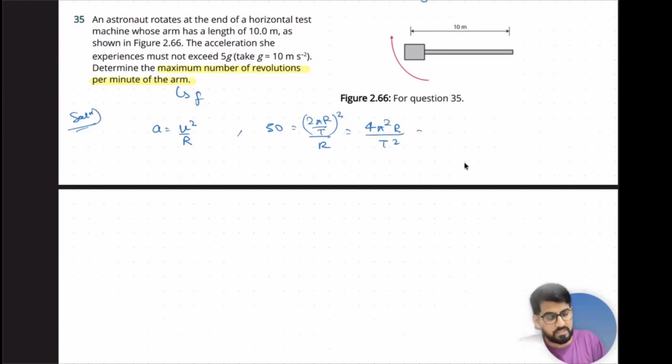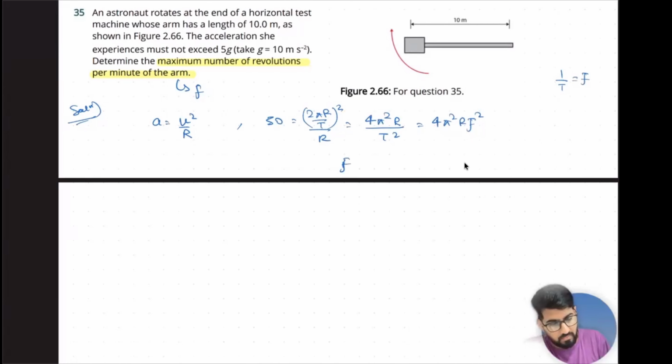So 1 over t square is frequency squared. We know this 1 over t is frequency. So 4 pi square r frequency square. From here we can simply say that frequency will be equal to the square root of 50 divided by 4 pi square times r, which is 10.